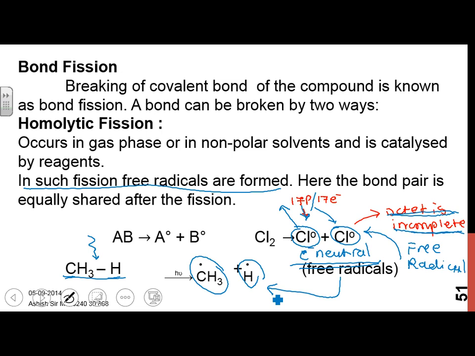Since the octet is incomplete, they are going to react with someone or the other. Are you following that? Any questions before I go to the next part? Anyone has any doubt? Yes? Anyone? Any girls this side? Boys? Let's continue.